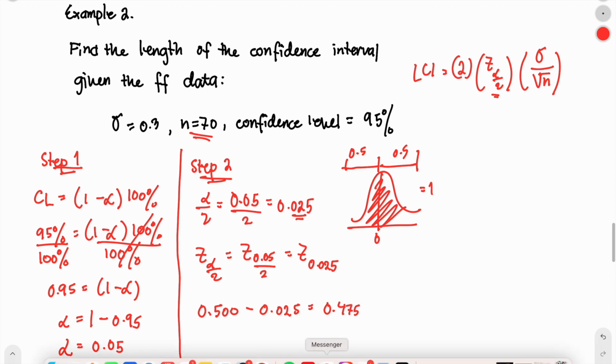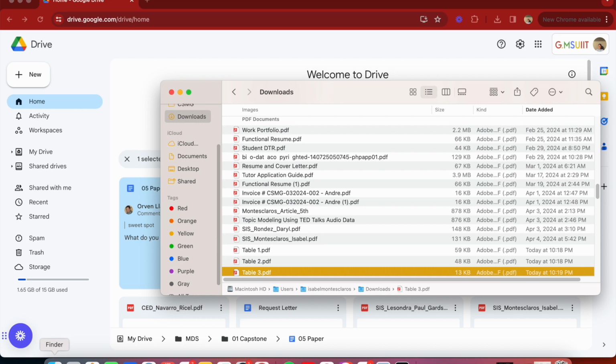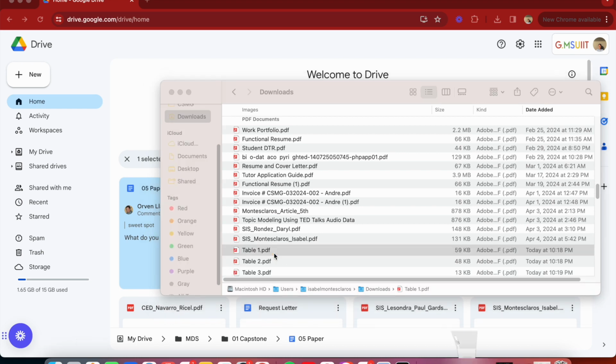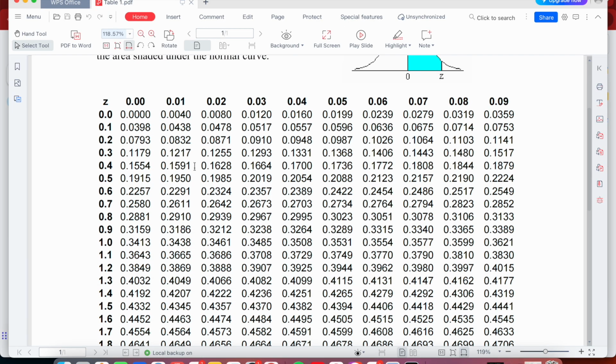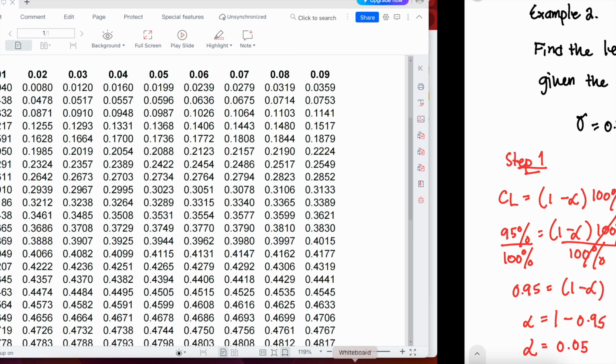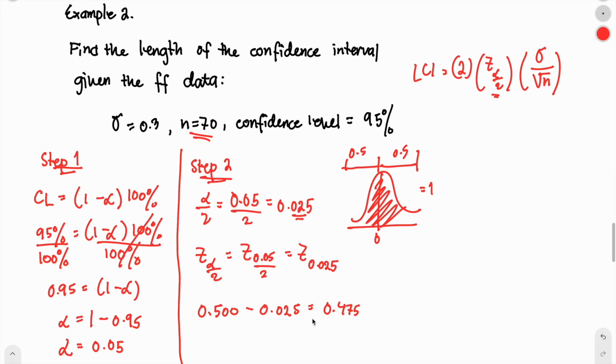Now let's look at what we have here. Table 1. Here we have 0.475. The equivalence for this is this one. Therefore, z alpha over 2 is equal to what?